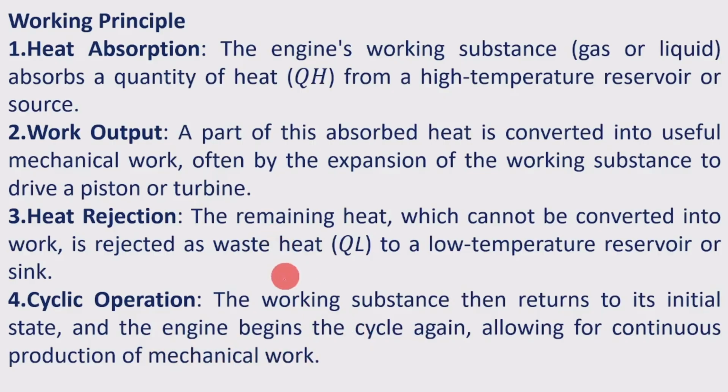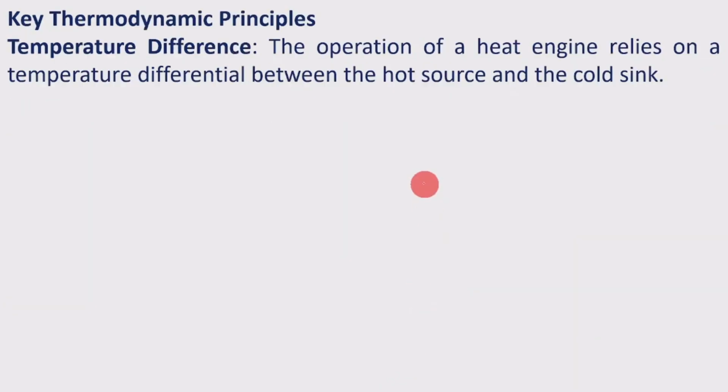In this sequence, from heat absorption to cyclic operation, a part of the heat energy is converted into mechanical energy work. Further, we will discuss the key thermodynamic principles used in the heat engine.